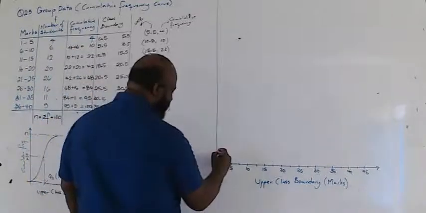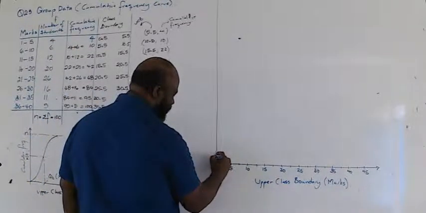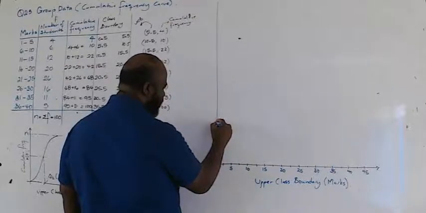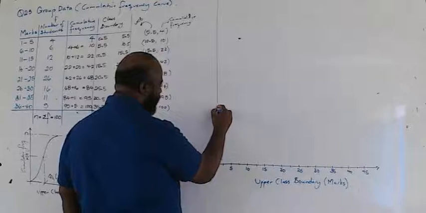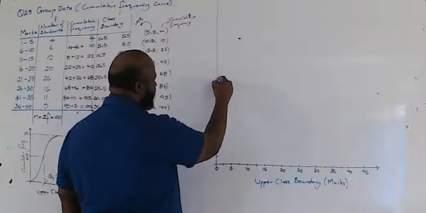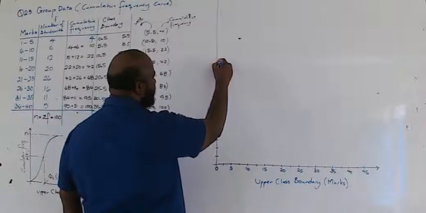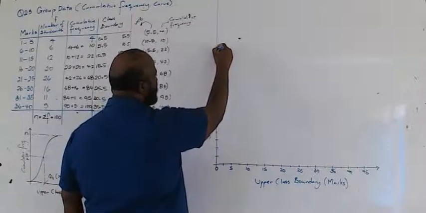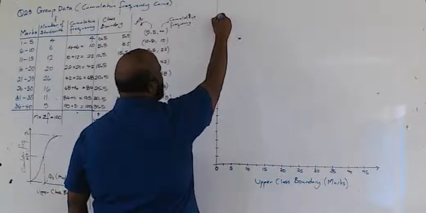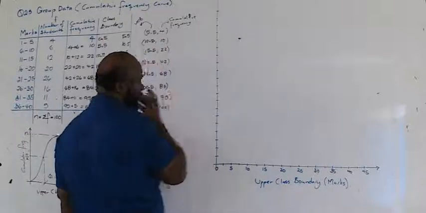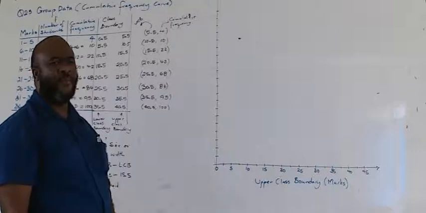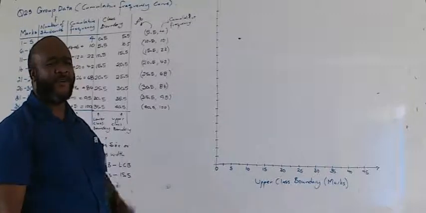On the vertical axis, it's 1 centimeter to 5 students: 5, 10, 15, 20, 25, 30, 35, 40, 45, 50, 55, 60, 65, 70, 75, 80, 85, 90, 95, 100. That's 100 students, 1 centimeter to 5 students.